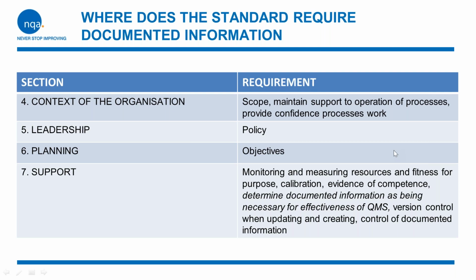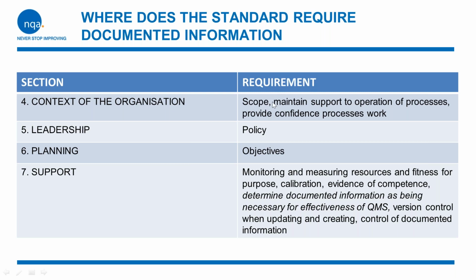So the first section of the standard, the context of the organisation. Generally people will have half a page detailing how the company started, who you are, what you do, and very often what's forgotten is the only piece within that particular section which asks for documented information, and that is the scope.